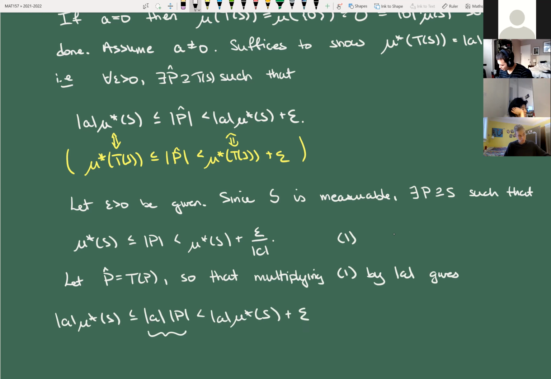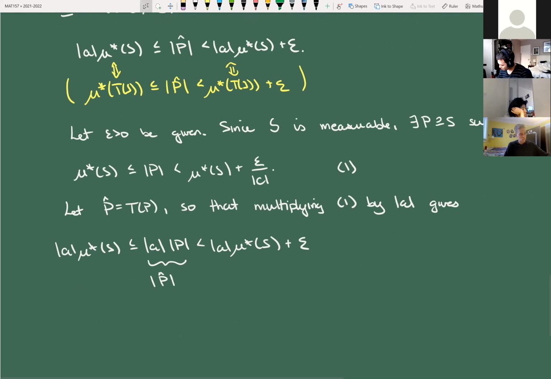And this thing right here, that is exactly the length of P hat, right? So we're done. And that finishes the whole proof.